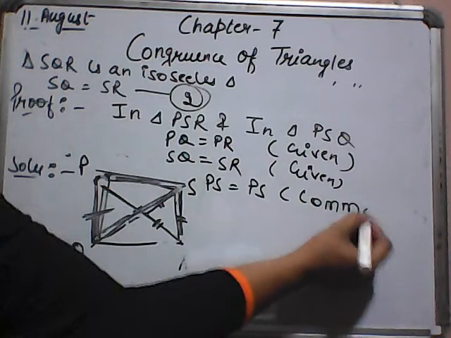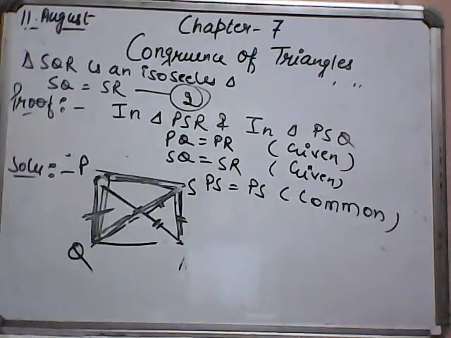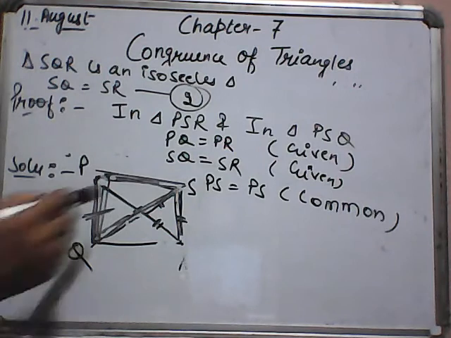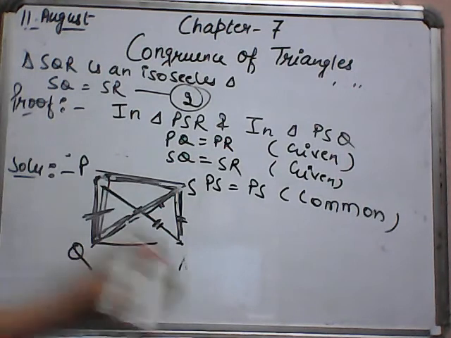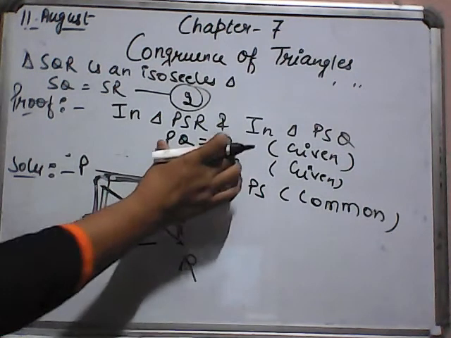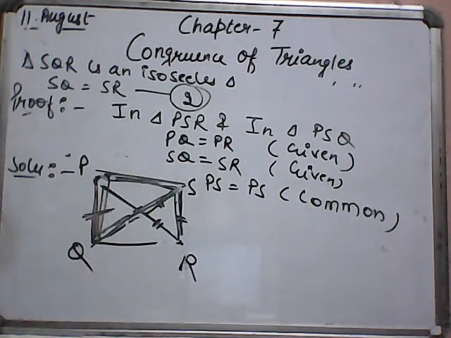In triangle PSQ, PQ, and in triangle PSR, PR, these two sides are equal. In triangle PSQ, SQ, and in triangle PSR, SR, these two sides are also equal. It is given to you. Now, PS is equal to PS. It is a common side in both these triangles.